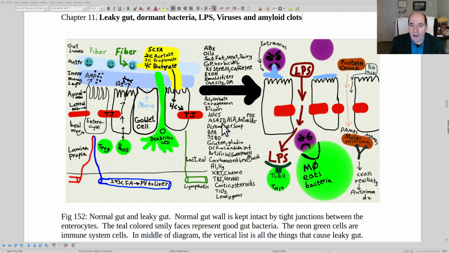Non-steroidal anti-inflammatory drugs like NSAIDs, ASA, acetylsalicylic acid, aspirin, antacids, proton pump inhibitors. Soaps, it's a similar concept as the emulsifiers. Dishwasher soap, that's why I always rinse my dishes and silverware off after it's come out of the dishwasher. If you don't cook with oil, you don't even really need a dishwasher. BPA is associated with increased risk of leaky gut.